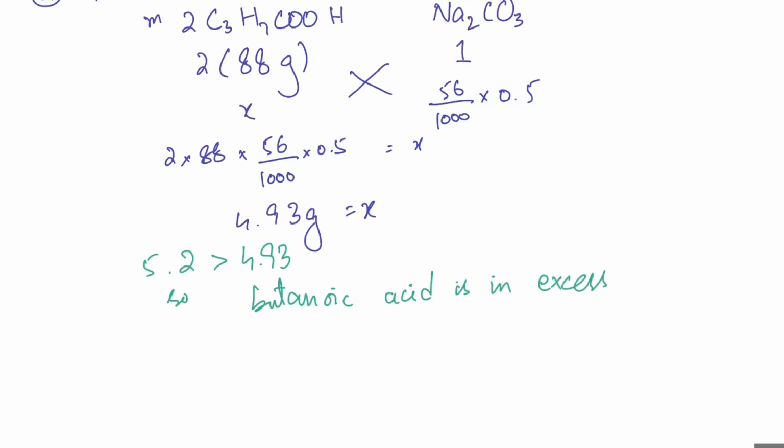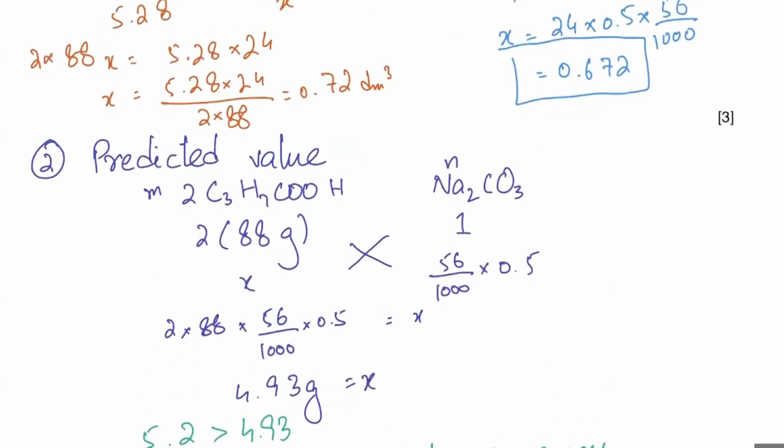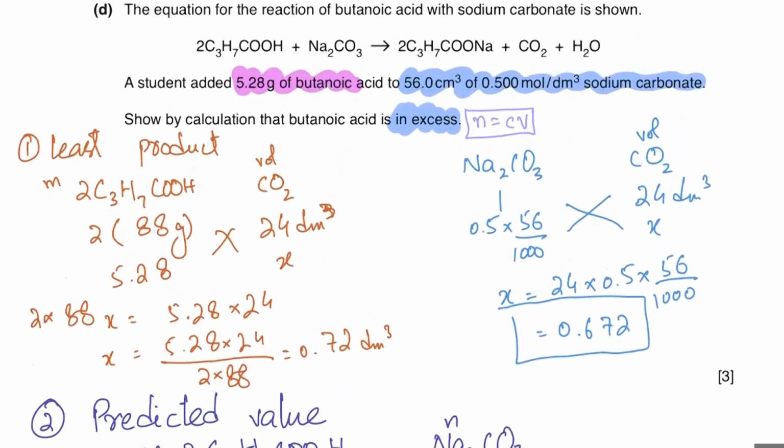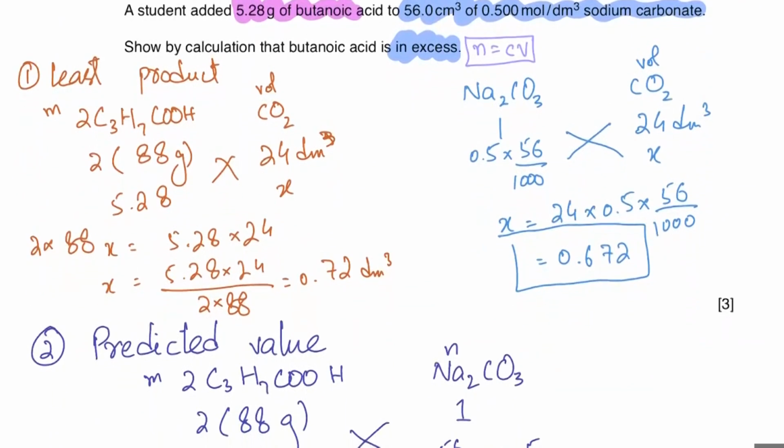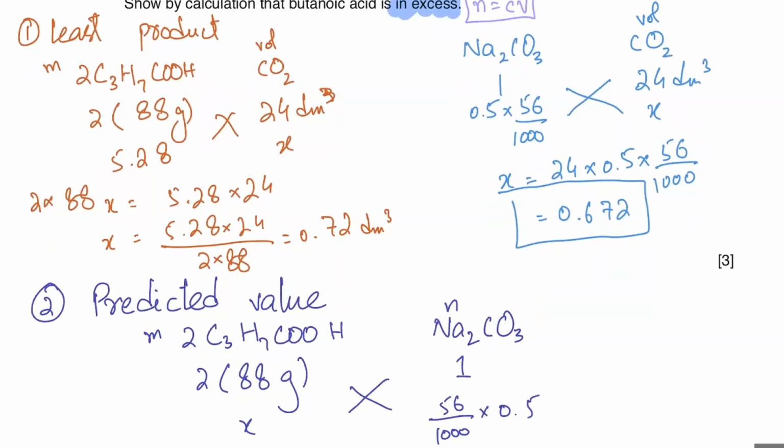Clear? Because I have more available than my predicted value, it is in excess. And if the predicted value were more and the available were less, then it is limiting, because I don't have as much as my predicted value. So we have two methods of doing the questions of limiting reactant.